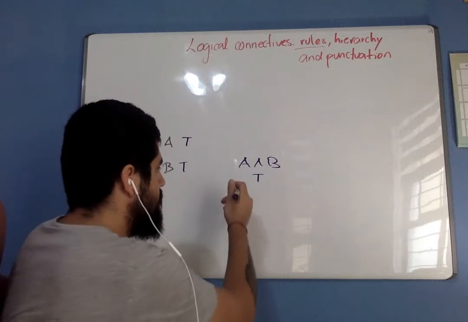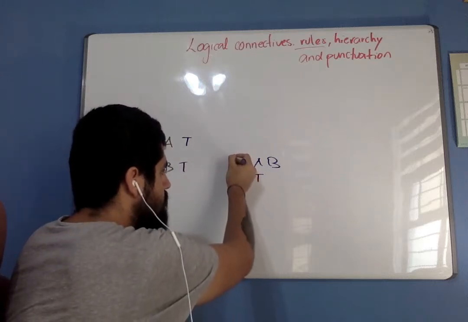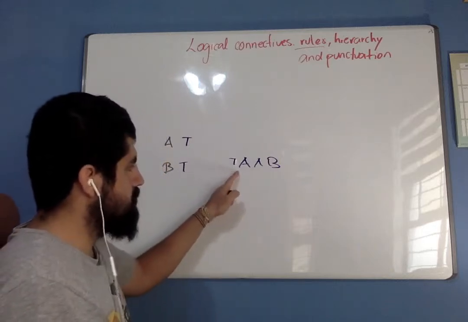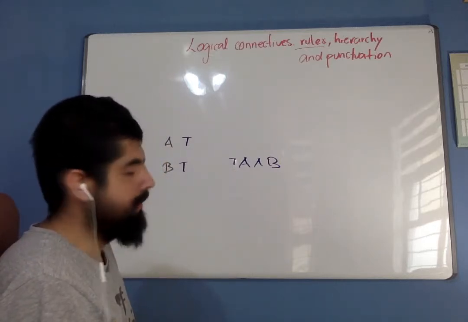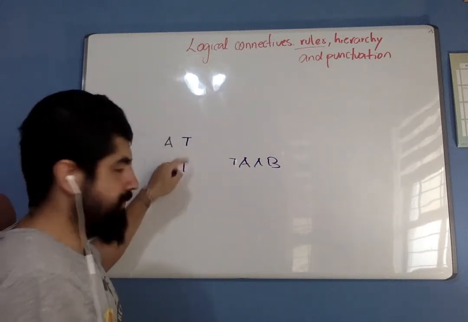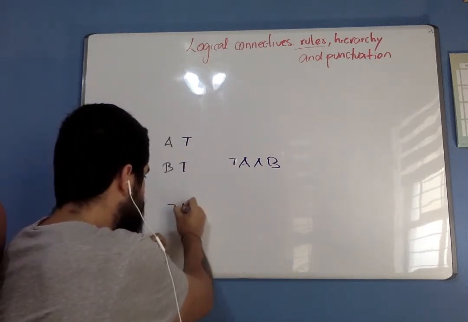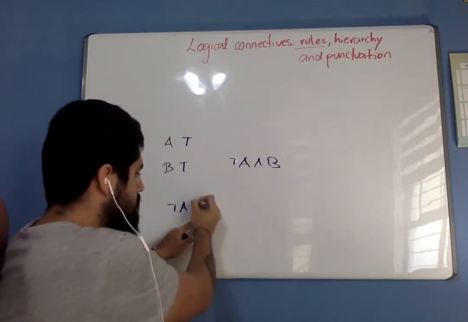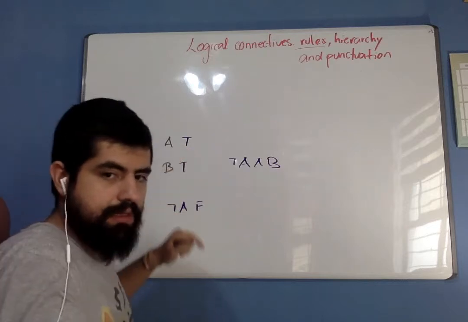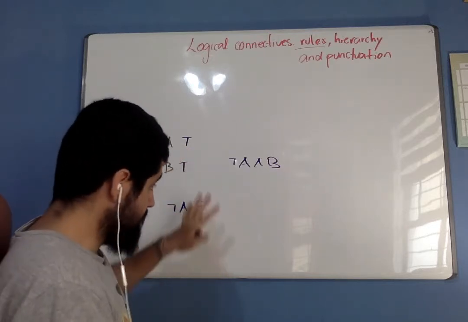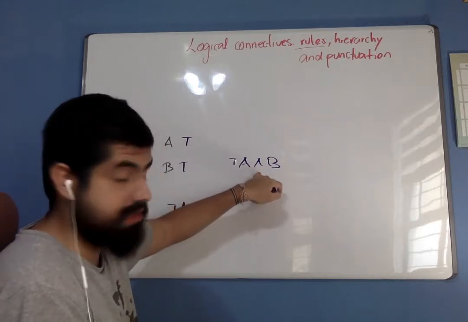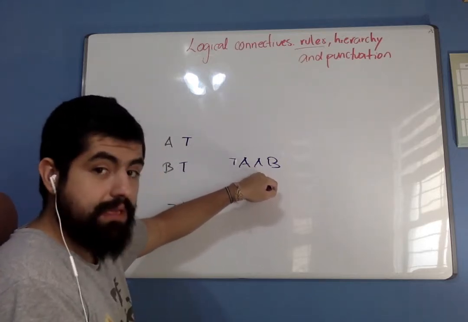Now imagine that I write the same expression, but first a negation of A. I know that A is true, so the negation of A is false, the inversion of this value, okay? In that sense, if I want to determine the value of this conjunction, is it going to be the same?